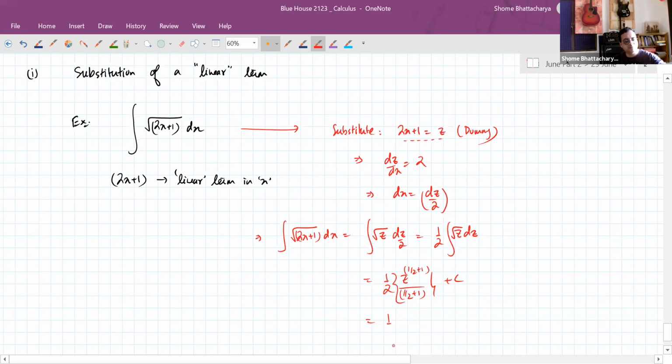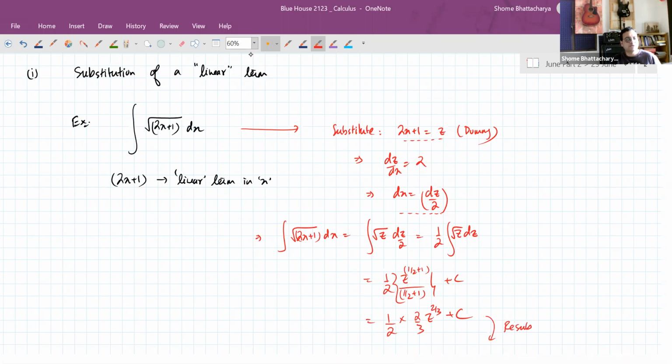Or let me do it in 2 steps. So we still have 1 by 2 multiplied with this will become 2 by 3 z to the power 3 by 2 plus c. And now finally we'll resubstitute z here. Okay. So these two things were substituted in the integral. Now we'll resubstitute. Next step.